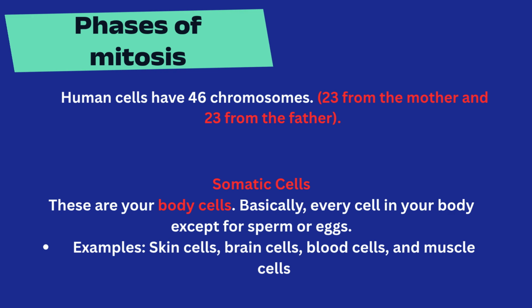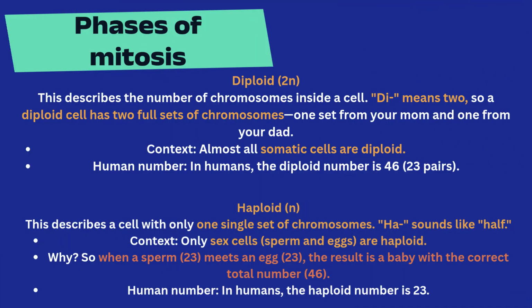Your sex cells, like your egg cells and sperm, each carry 23 chromosomes. So sperm carry 23 chromosomes, and the egg carries 23 chromosomes. When fertilization happens, the 23 from the sperm and the 23 from the egg fuse, and they make 46 chromosomes, and that's how a human cell is made, and then the baby is made.